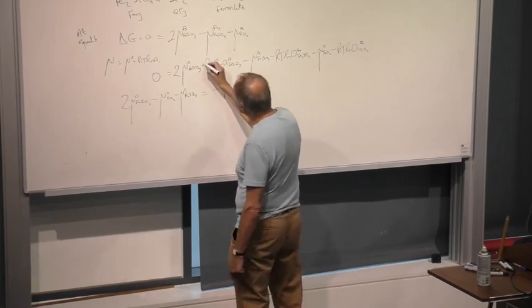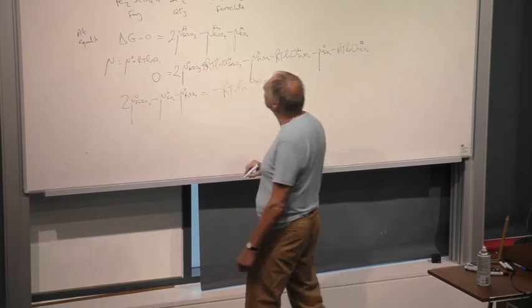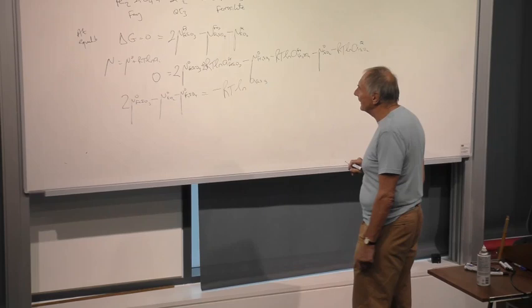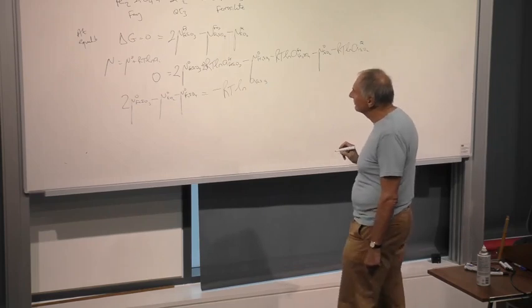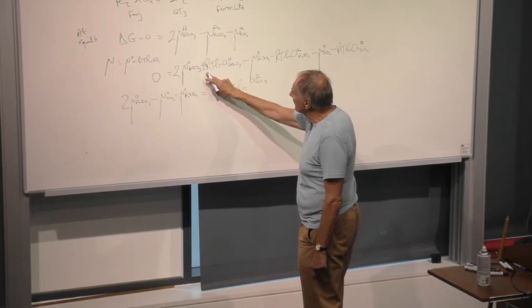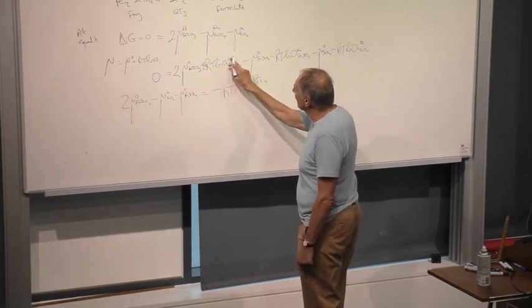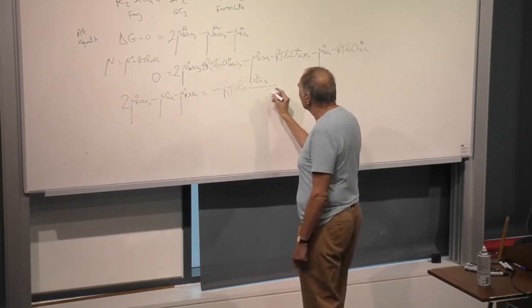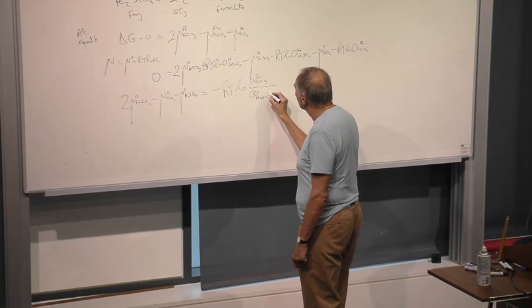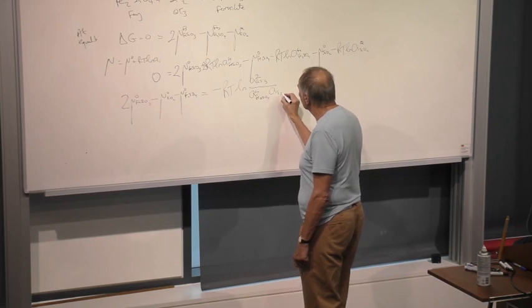Someone pointed out that there should be a 2 there. There are 2 moles of FeSiO3 in the reaction, so that's squared. Put the 2 up there. Divided by the activity of Fe2SiO4 times the activity of SiO2.